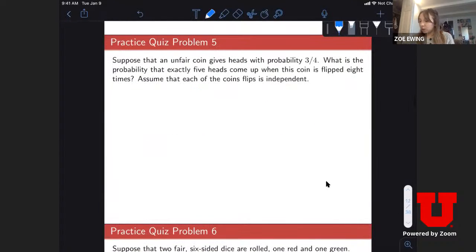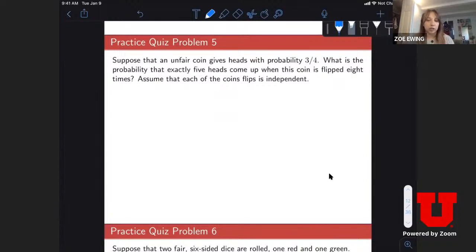All right, suppose that an unfair coin gives heads with probability 3/4. So what is the probability that exactly 5 heads come up when this coin is flipped 8 times? Okay. So this is one of those cases where we want to use Bernoulli trials.